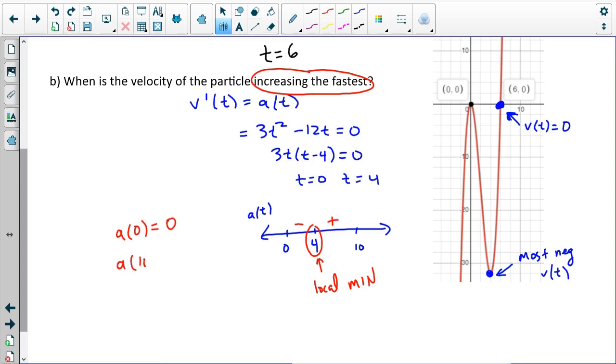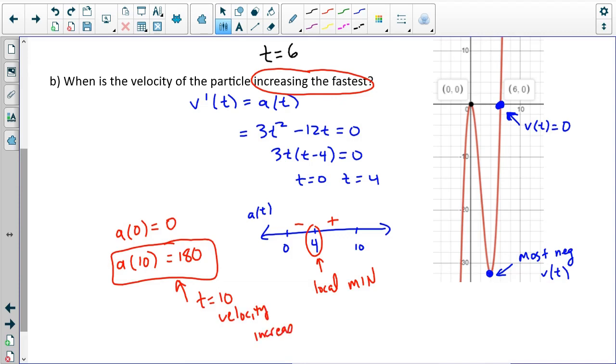And if I check the acceleration at 10, that's another endpoint, I'm going to end up with 30 times 6, which is 180, which is very large. So this is actually the time on 0 to 10 when the velocity is increasing the fastest.